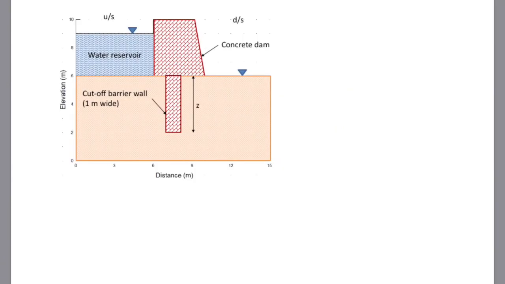This is a representation of that structure. Although this soil goes much further, there is no need to make the model too big. So we have a water reservoir that's about 3 meters high. We have a concrete structure with a cutoff, and we have this soil. And on the downstream side, we are going to assume that the water level is at the top of the ground surface. So this is called upstream, this is called downstream.